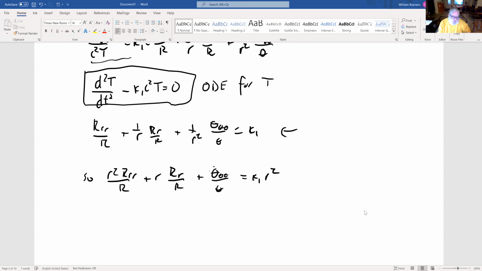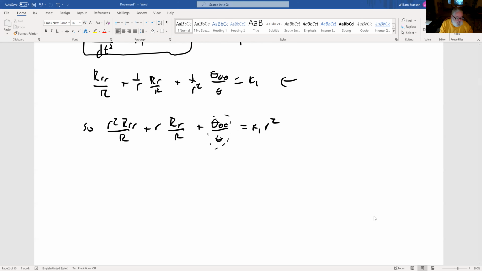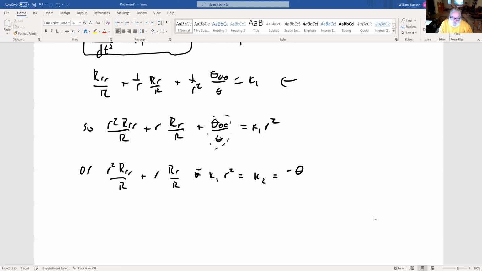And note that this term depends only on theta, while all the other terms depend on R. So that should be a minus because I'm going to move this over the other side, equals K2 equals minus theta double prime over theta.